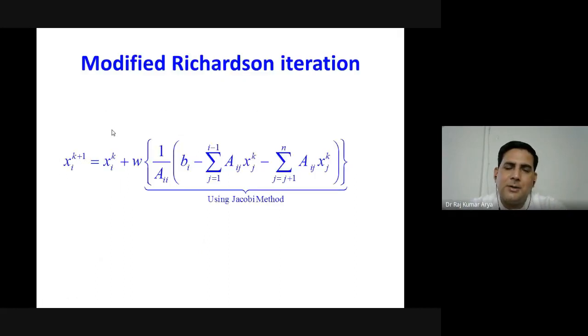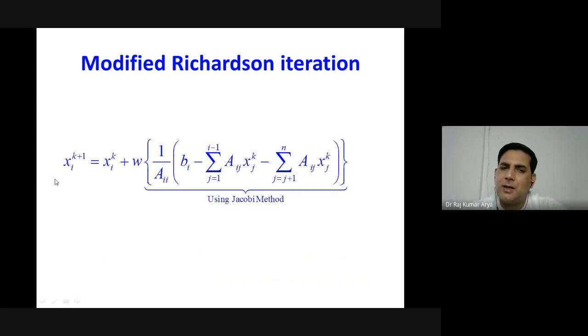Another method is the modified relaxation method. This also takes some weight function, but it follows your Jacobi method, not the Gauss-Seidel one. So you are calculating this from the Jacobi method and just adding a weight W to these values.